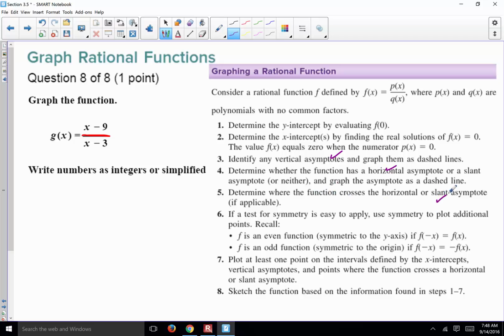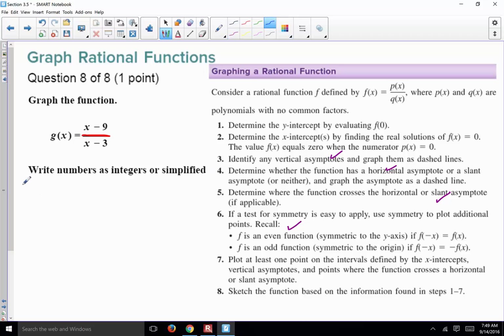Sometimes you may have a slant asymptote, so you need to go check as well. We already knew odd even functions or symmetric functions with respect to y or origin. So we are also reviewing this to make the graph of the function, and then we plot some sample values and sketch the function. Okay, so there is nothing new you need to know at this point. It's just review of past subject and pretty much everything we covered in this class so far, right?